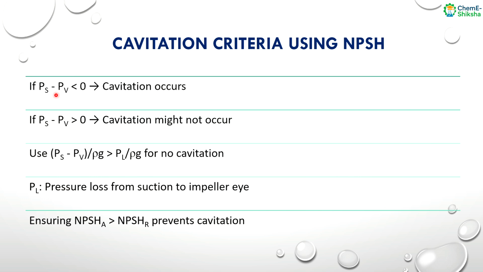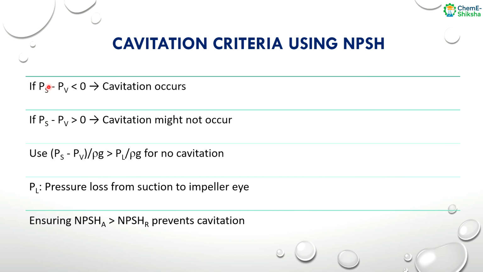If the suction pressure minus vapor pressure is less than 0, that means suction pressure is less than vapor pressure, so cavitation will occur for sure, because at suction itself the pressure is less than the vapor pressure. From the suction the pressure will drop again, so it will go further below the vapor pressure, because it is already below it. So it is obvious that cavitation will occur.